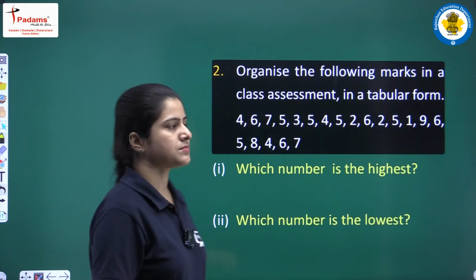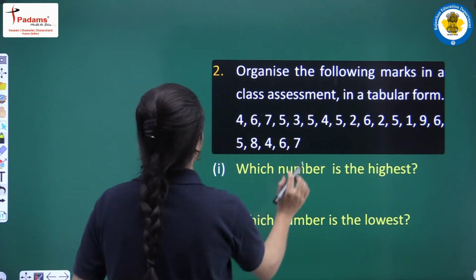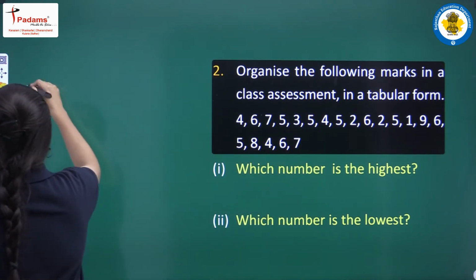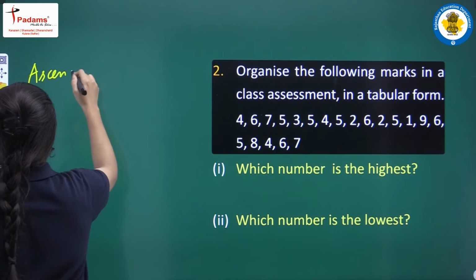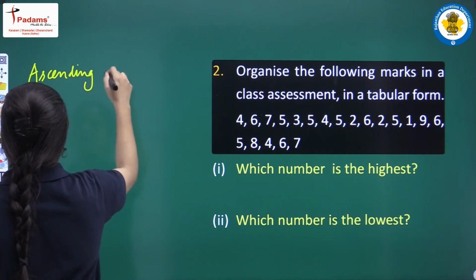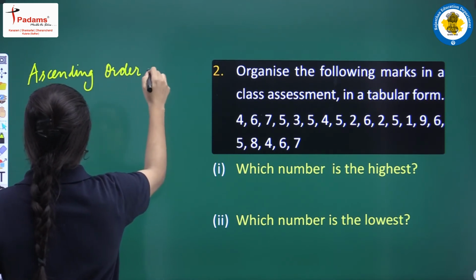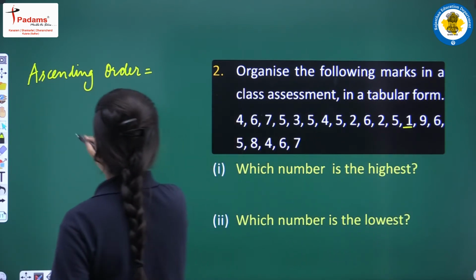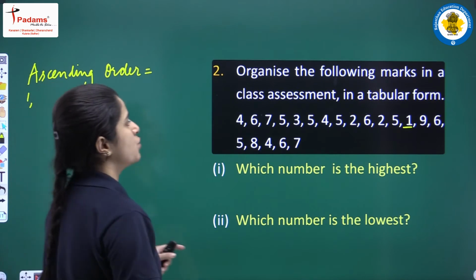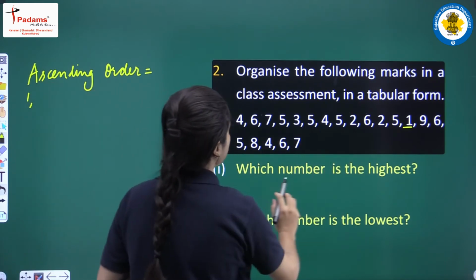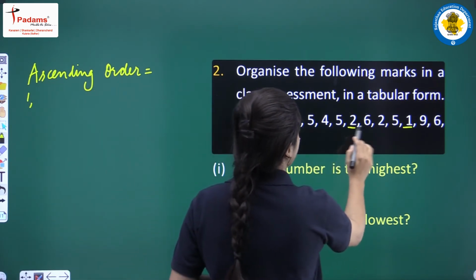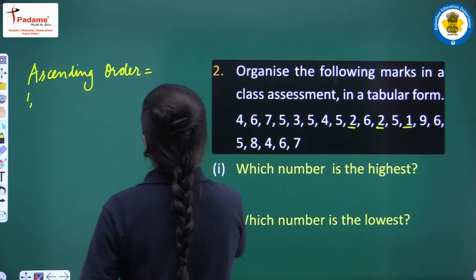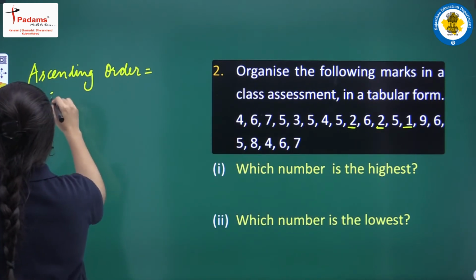So in ascending order, the smallest number is 1, then 2. How many times is 2 coming? 2 is coming 2 times.